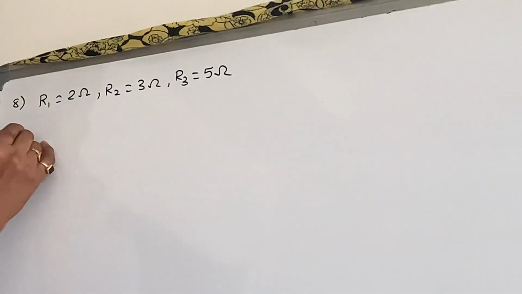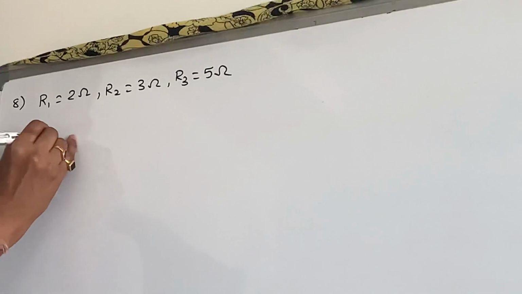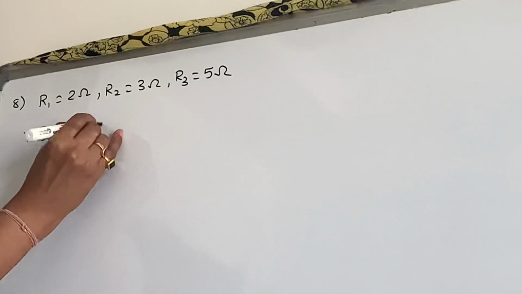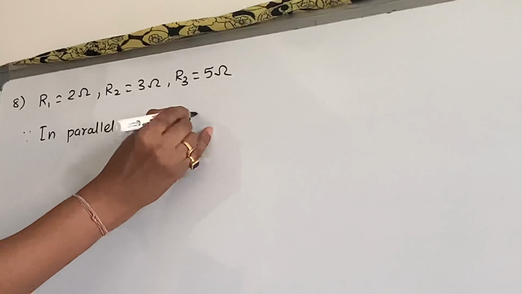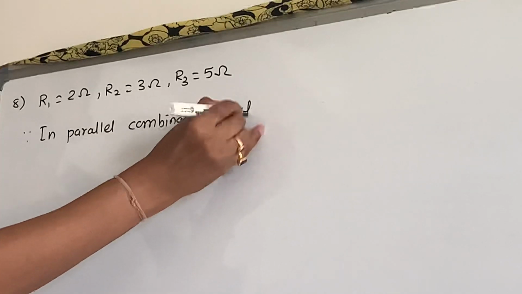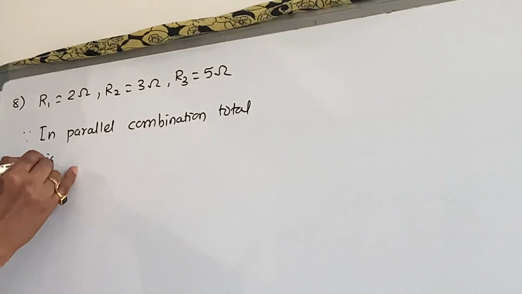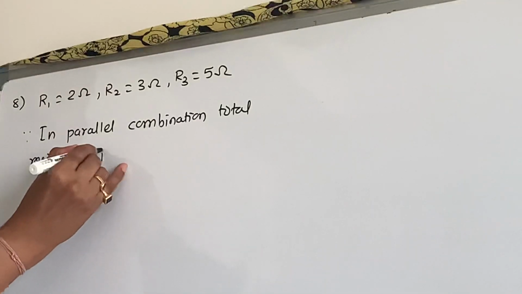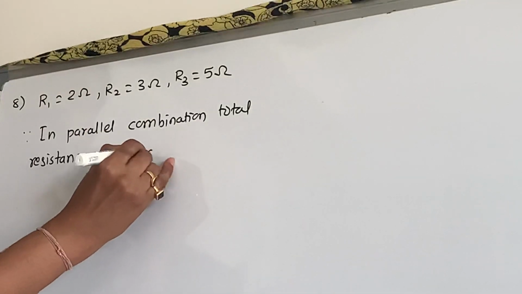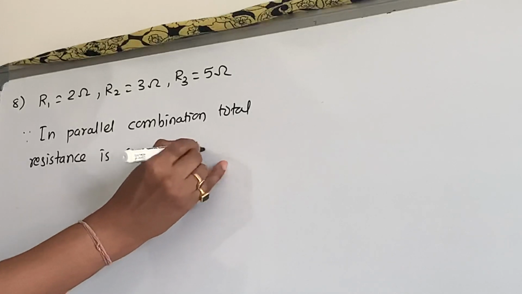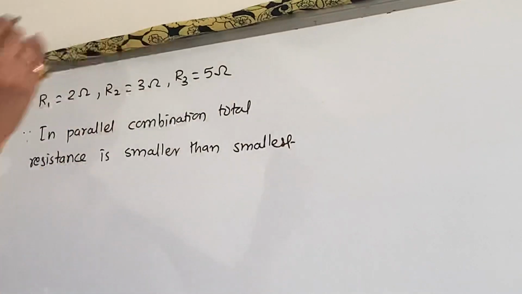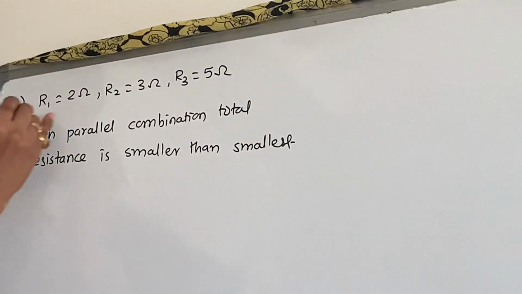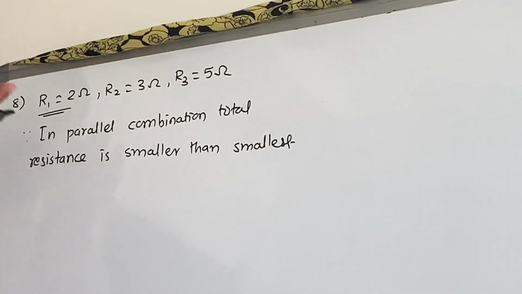So I can write, since in a parallel combination, this is one condition, in a parallel combination, the total resistance is smaller than the smallest. So just remember, it is smaller than the smallest. So 2 ohm is the smallest. So our answer is even less than that.